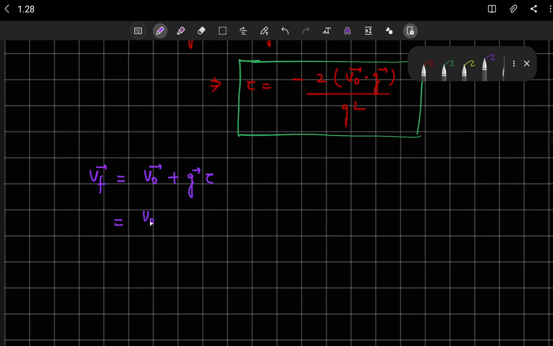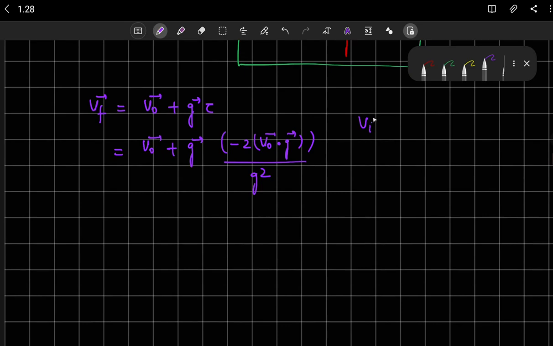So here we can write the initial velocity vector plus g vector multiplied with minus 2 times v naught vector dot product with g vector, whole divided by g square, and the initial velocity vector we know is v naught vector.